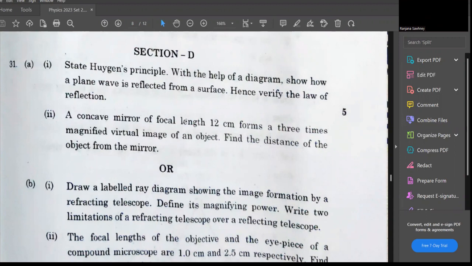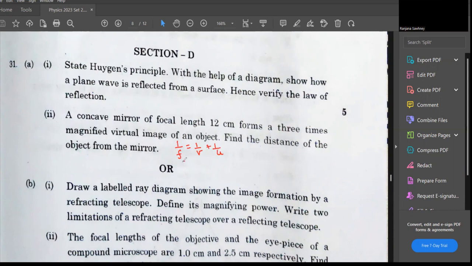A concave mirror of focal length 12 centimeter forms a 3 times magnified virtual image of an object. Find the distance of the object from the mirror. As it's a concave mirror, the mirror formula is 1 upon f is equal to 1 upon v plus 1 by u.